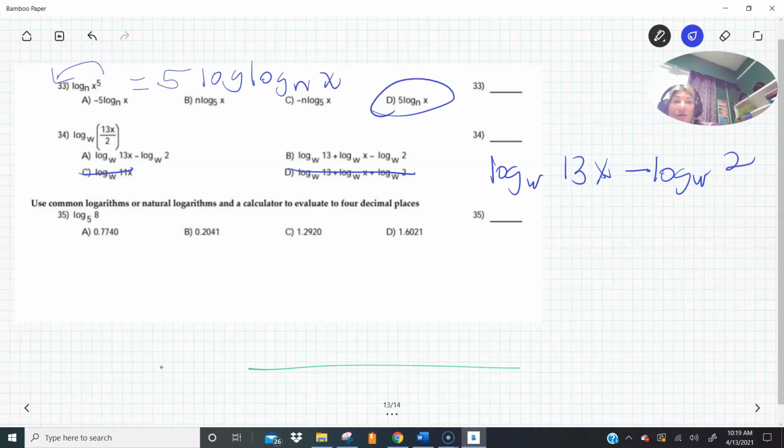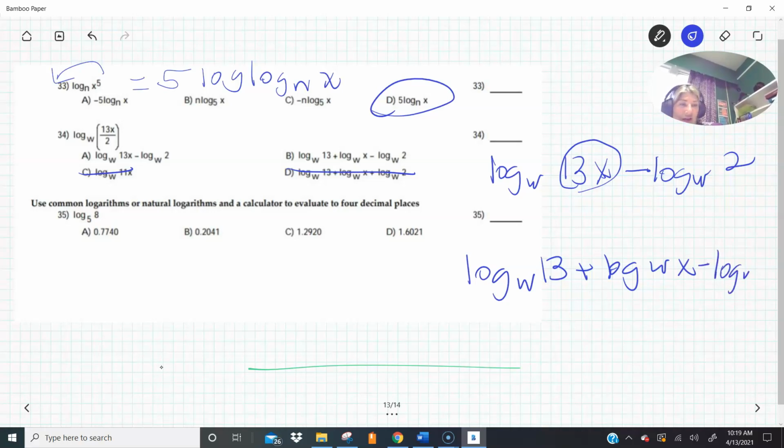This could be rewritten because this is a product. So log base W of 13 plus log base W of x minus log base W of 2. The best answer for number 34 is B.